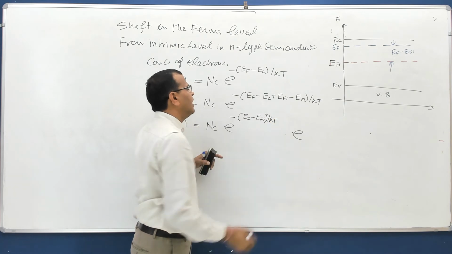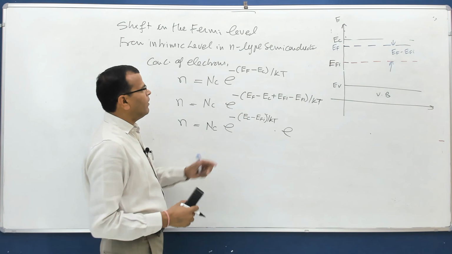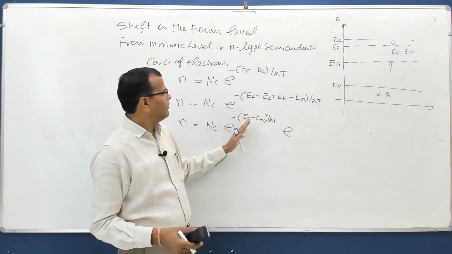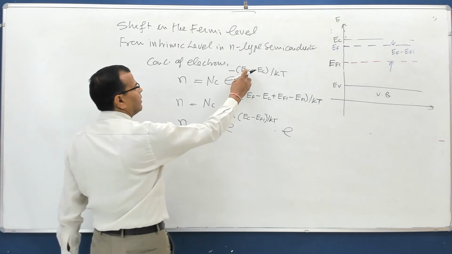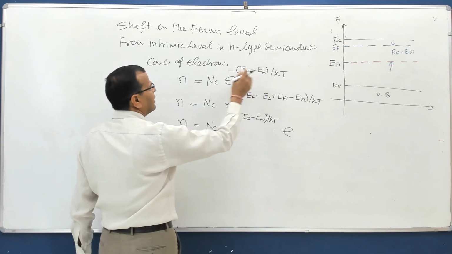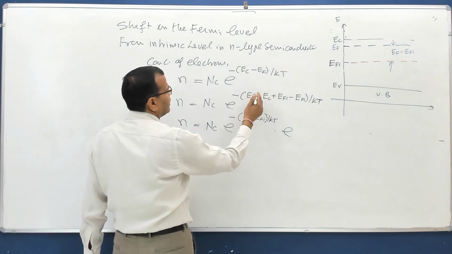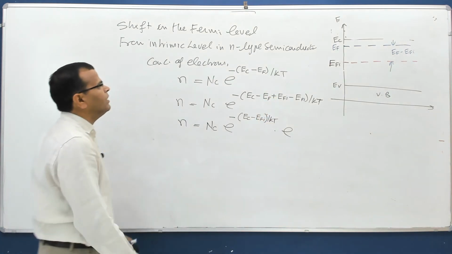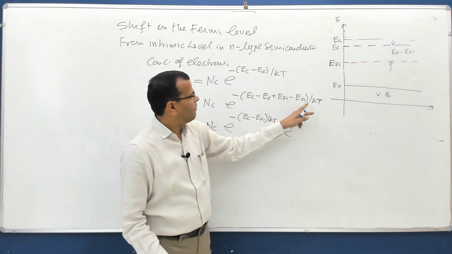I am taking EFI and EC both together. But in this expression there needs to be a correction. It is EC minus EF in the case of N-type semiconductors, so minus EC minus EF here. Please make a correction here. So EC minus EF plus EFI minus EFI by kT.